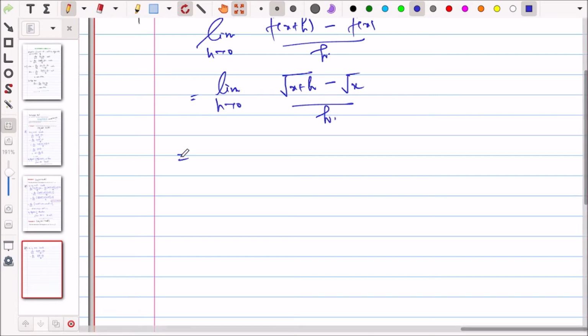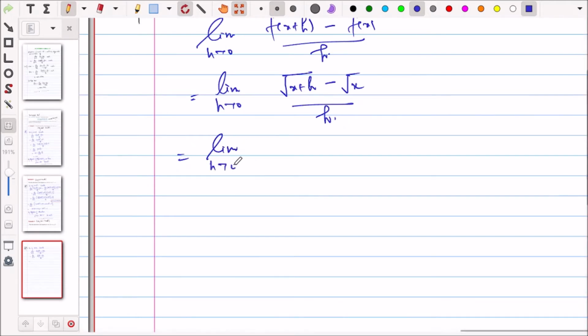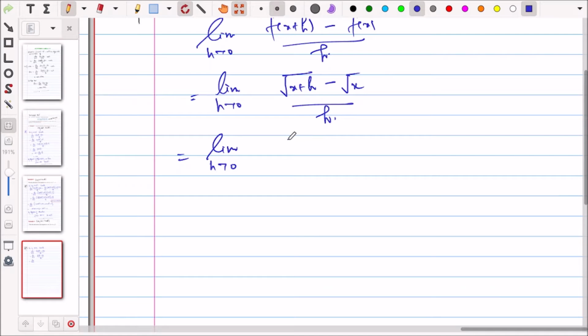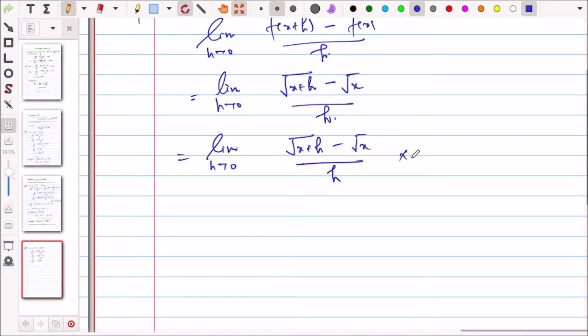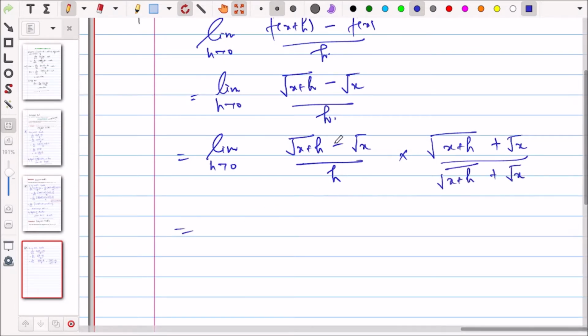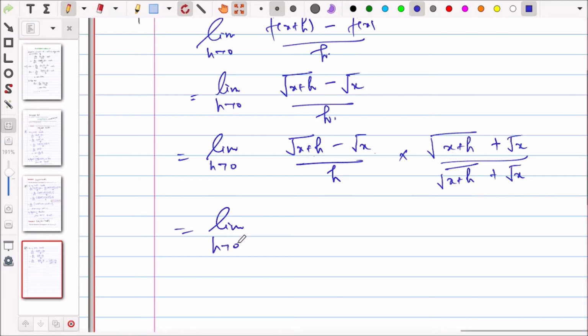What next? What should we do next? Sir, we will rationalize. Yes, we will rationalize it, because we cannot apply the formula above right now. So we will multiply and divide by root(x plus h) plus root x. So a minus b, a plus b, it will become x plus h minus x.